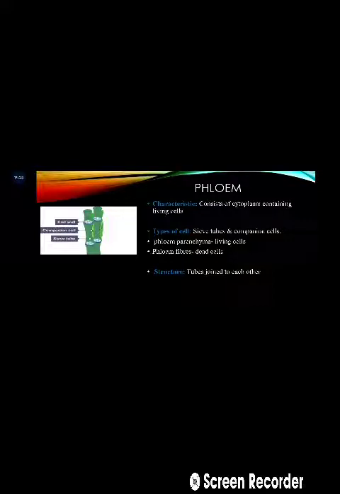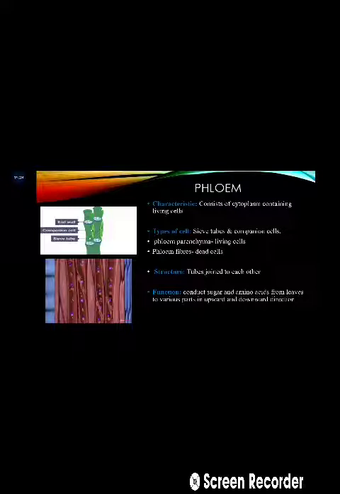These are tubes joined to each other. The main function of the phloem is conducting sugar and amino acids from the leaves to various parts in upward and downward direction. Now remember, phloem helps in transportation of the nutrients in all the directions.